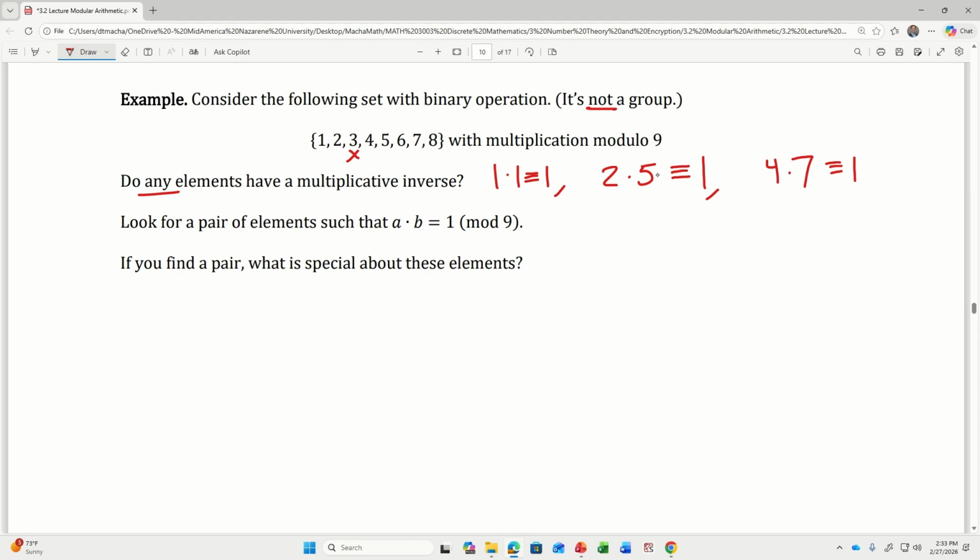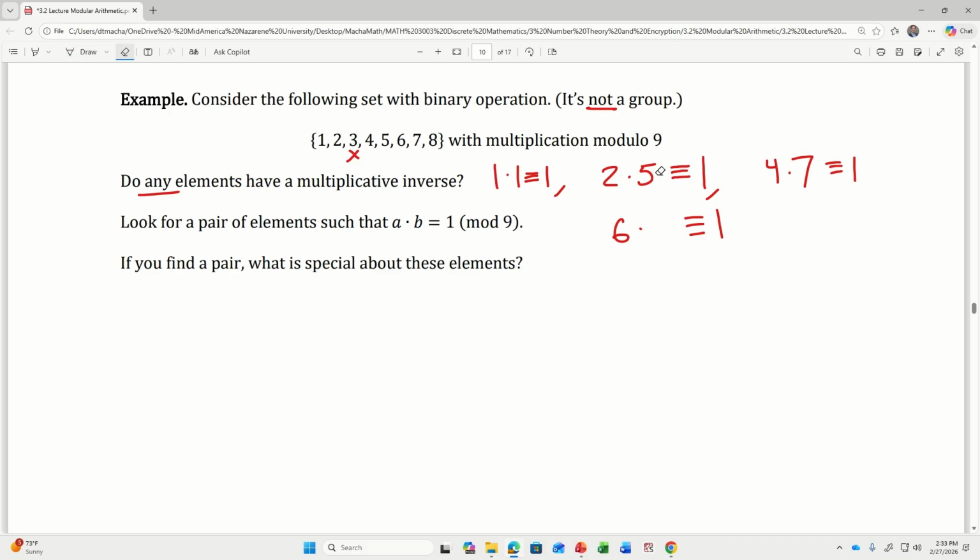What about 5? 5 times 2. What about 6? 6 times something congruent to 1? Nope, doesn't work with 6.